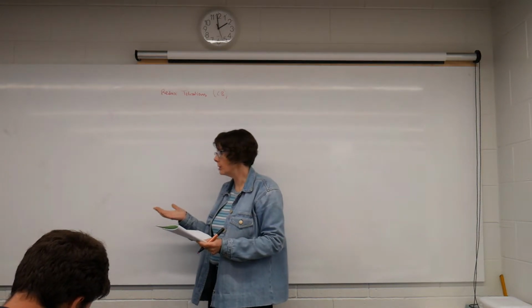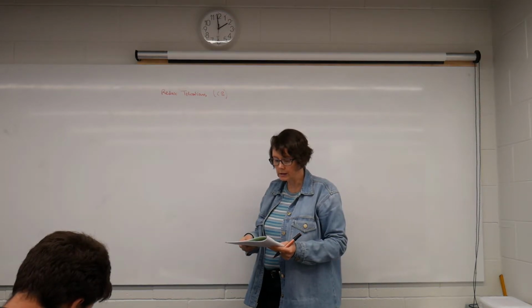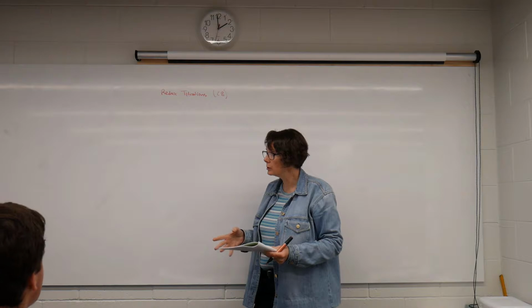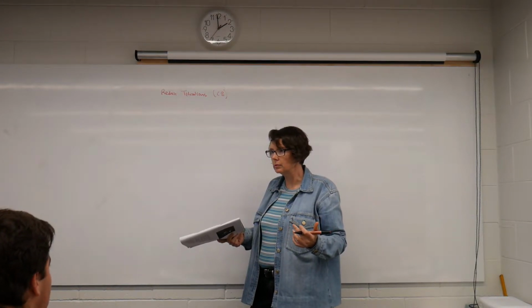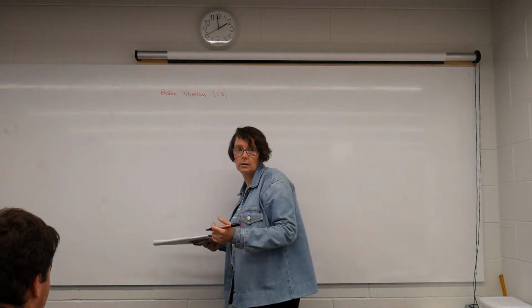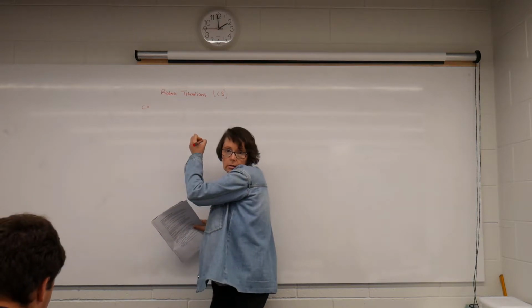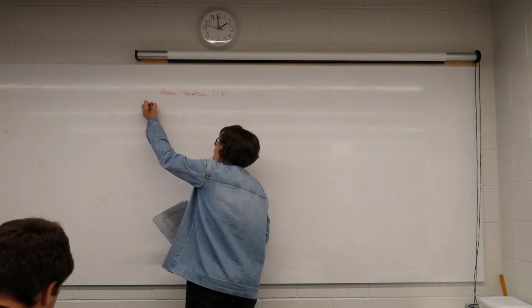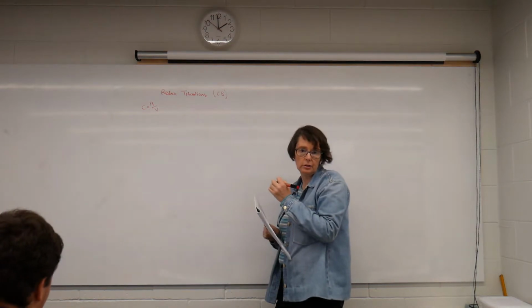So we know that volumetric analysis is a way where we can determine quantities, and it's all in solution. So if we're working in solution, what are our important relationships? Concentration. Yeah, C equals n over V. And what's the other way we often see this rearranged? n equals CV.